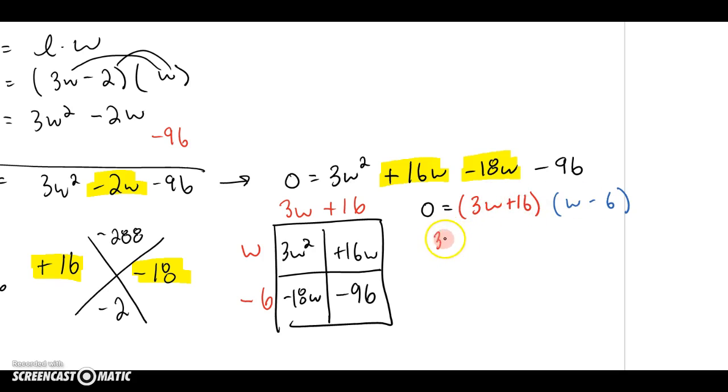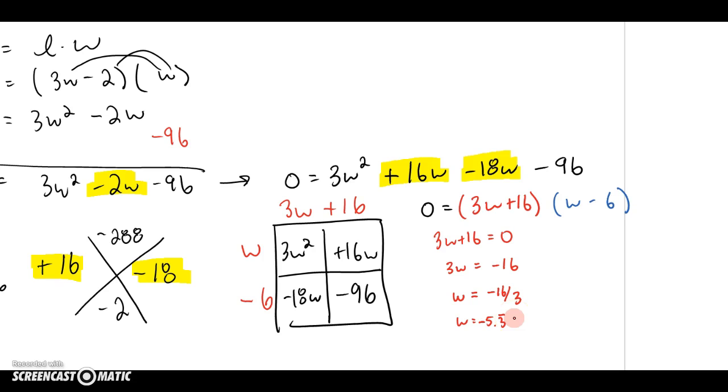So I know that 3w plus 16 could be 0. And if I subtract 16 you get 3w equals negative 16. And if I divide both sides by 3, I'll end up with w equals negative 16 thirds, or negative 5.3 repeating, and that's in feet. So the width of the rectangle is negative 5.3 feet.